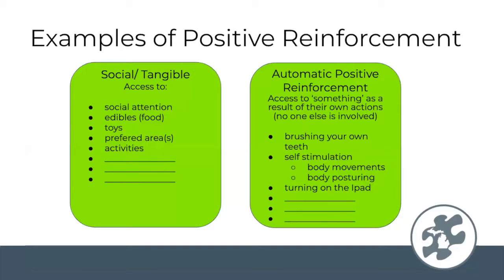Other examples are washing your own hands, pressure or sensation from an outfit or garment that you're wearing, listening to music, feeling the wind from a fan, standing in the rain, sitting in the sun. Any of those types of things would be examples of automatic positive reinforcement when you don't need anybody else around you to access those activities.